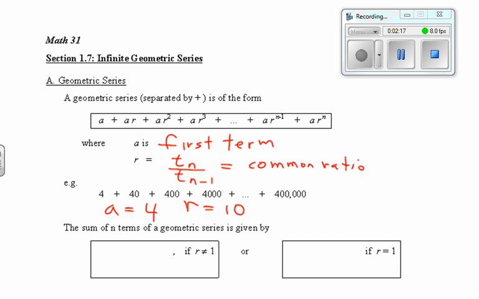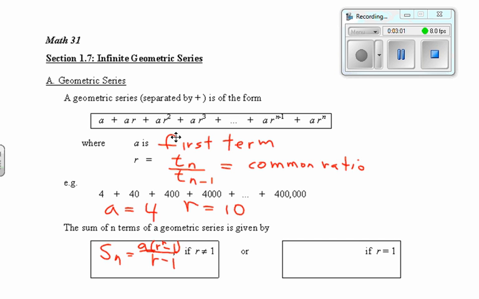Okay. We're hoping that you still recall your formulas that you've learned in previous math courses. The sum of n terms of any series, a times r to the n minus 1, all over r minus 1. All right, so I'm going to just rewrite that over here because it's a little hard to read. All right, how many would say they've seen that formula before somewhere?